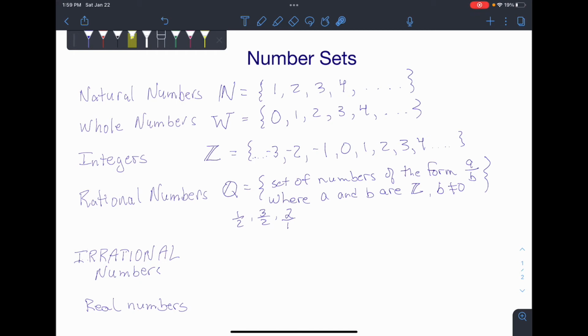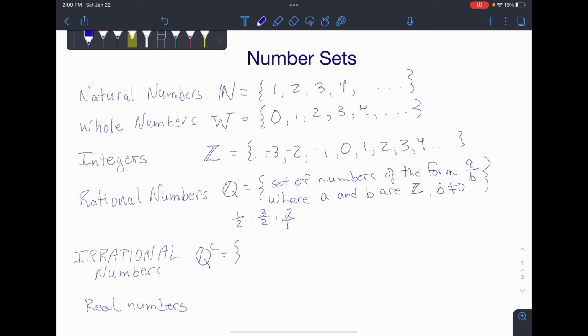until we get to the irrational numbers here. So, what are the irrational numbers? First of all, we denote them with this Q with a C. The C means complement, and we'll discuss that some other time.